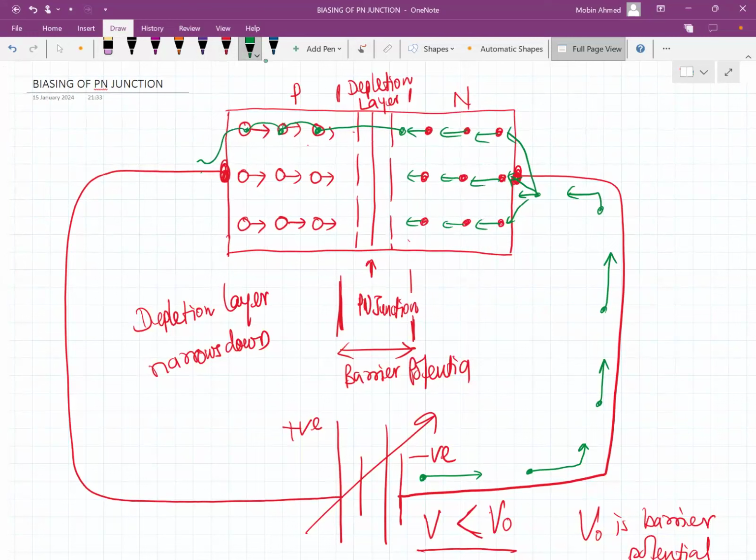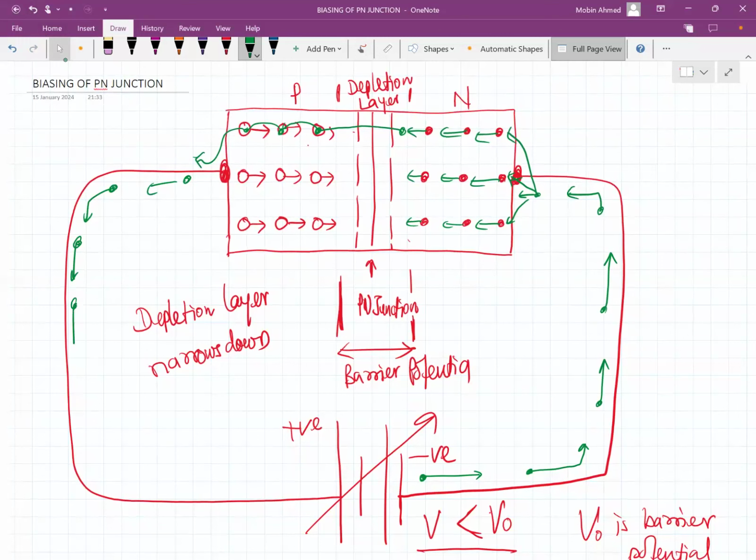And it will be out, because in the conductor only the electrons flow, no holes flow.